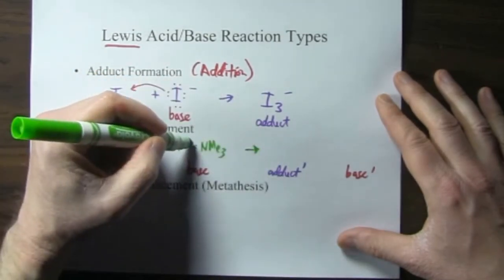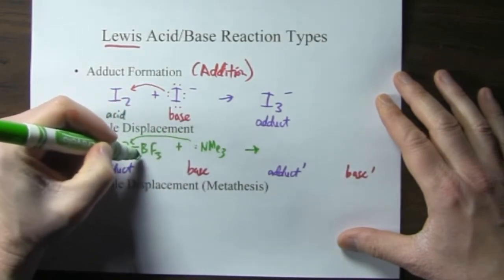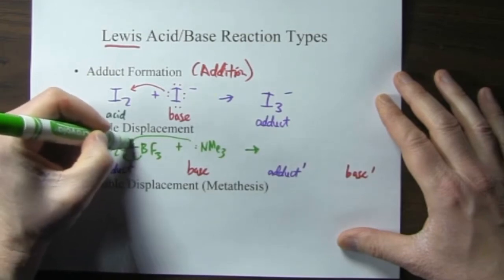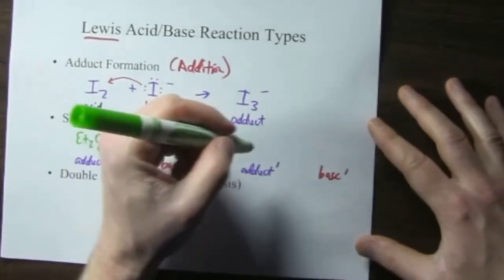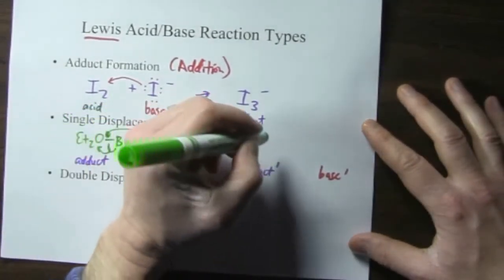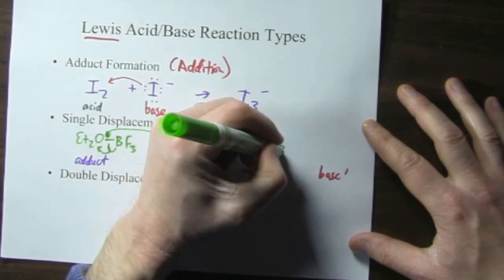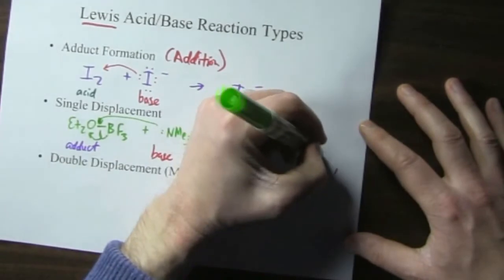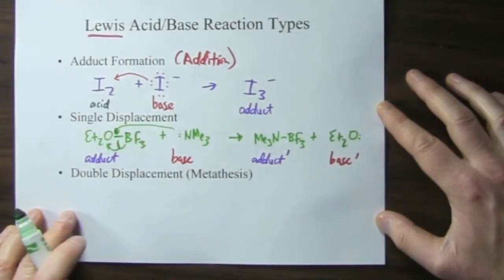So that lone pair will displace the oxygen's lone pair on the boron. So our new adduct looks like this. And our other product then is that diethyl ether, which is a Lewis base.